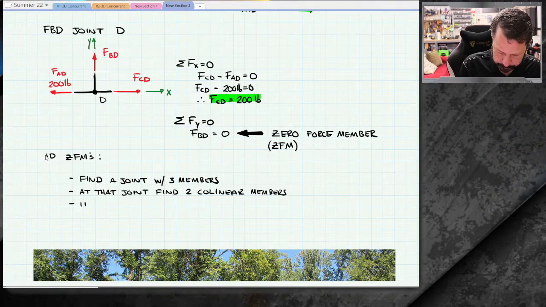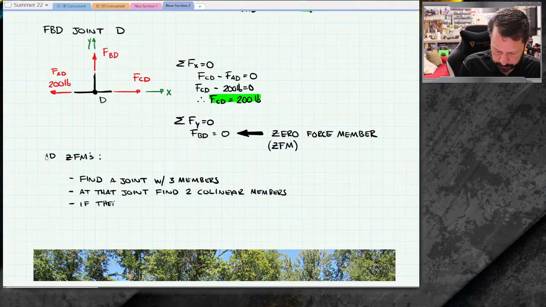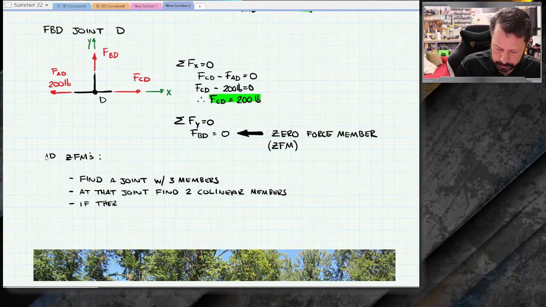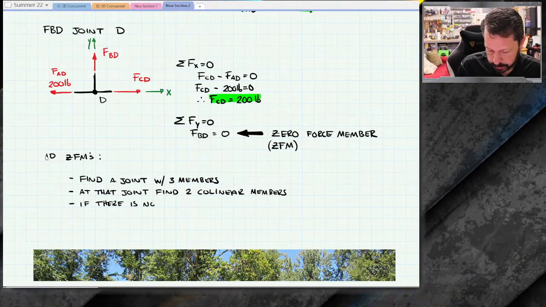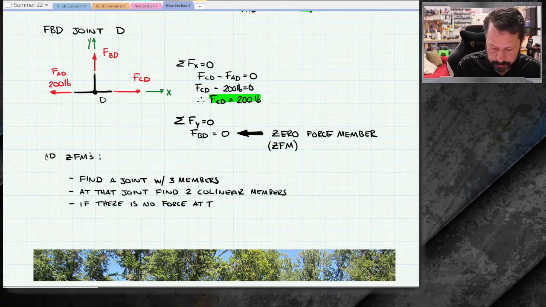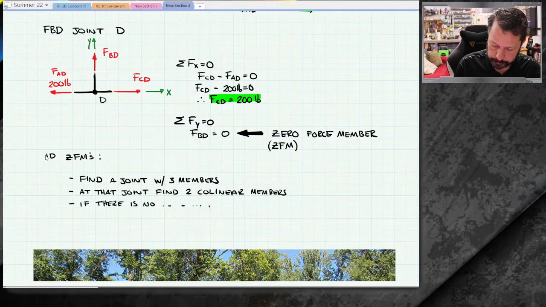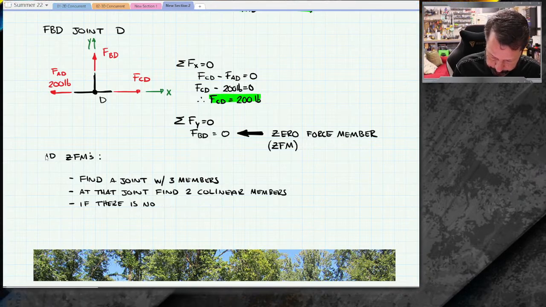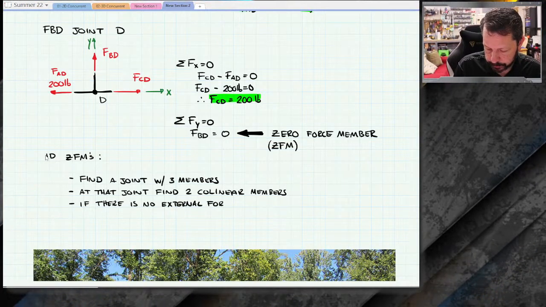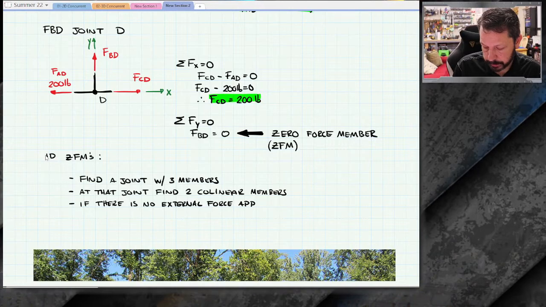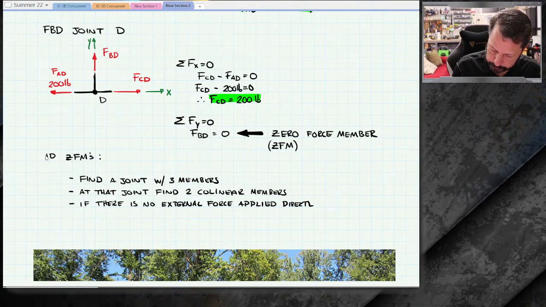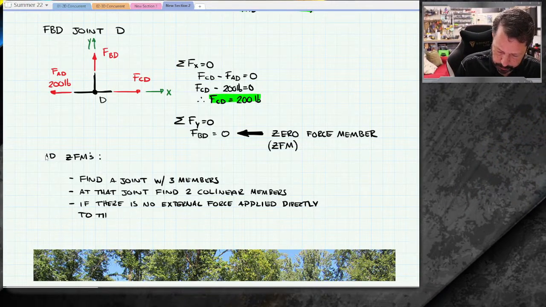If those 2 first things were true, you found a joint with 3 members, 2 of them are collinear, then if there is no external force applied directly to the joint.